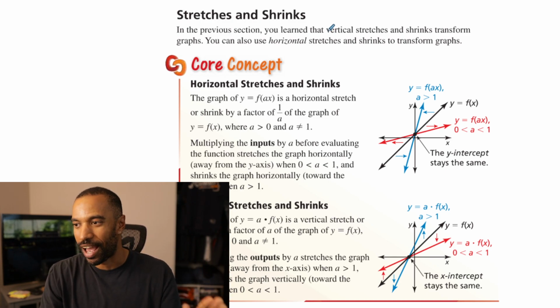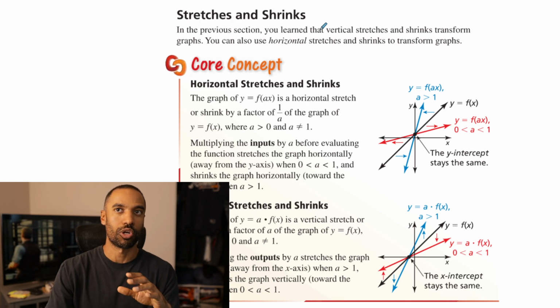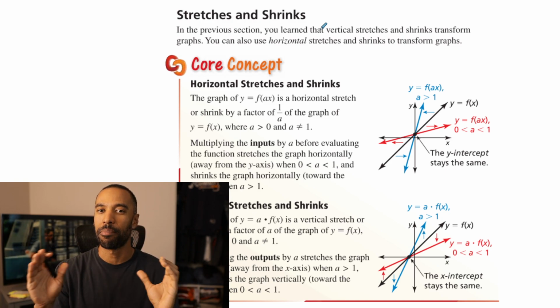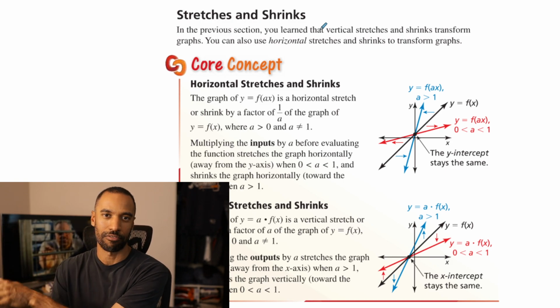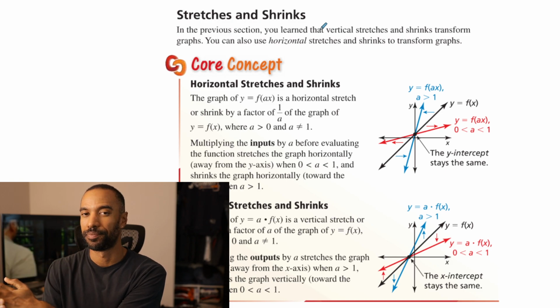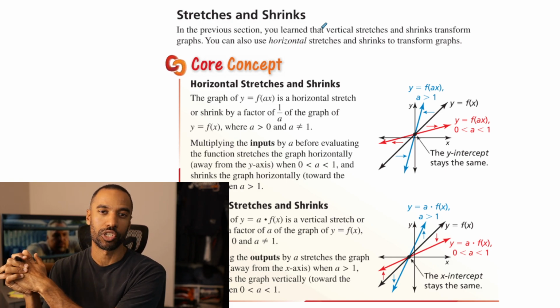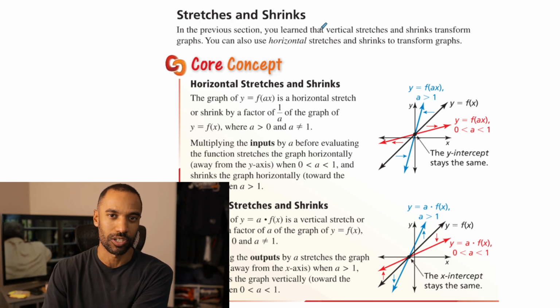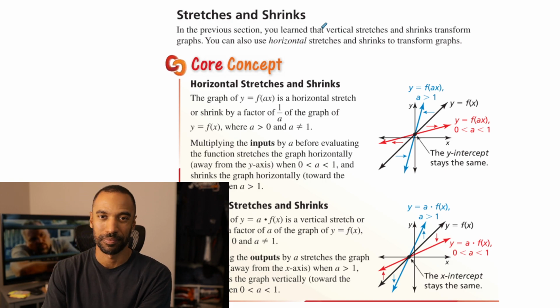To the point that I, Mr. Robinson, prefer to make horizontal stretches and shrinks into vertical stretches and shrinks for every graph conceivable, for every function conceivable that I can. And I'll show you it in comparison, but if the book swears by horizontal stretches and shrinks, every so often we might have to talk about it, especially if your teachers go by it.